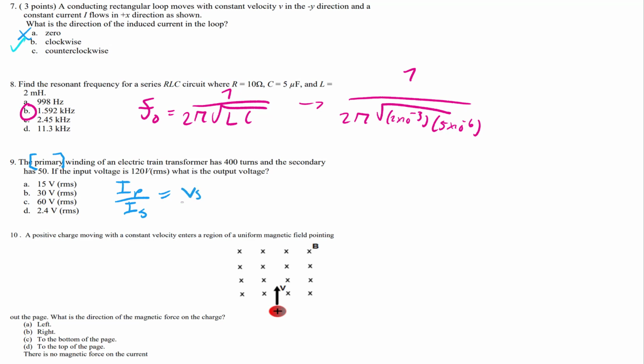We say this is S, this is P. Notice that my P was upwards, now it's going to go downstairs. V is the same thing as N, so VP is the same thing as NP. But the only thing you should look out for is that IP over IS is wrong. The little mnemonic: IP is opposite to VS over VP.